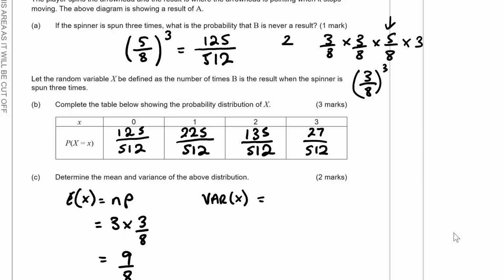So the variance we know is np(1 minus p). Well, np is just the 9 over 8 that we just had. And the probability of failure here was 5/8. And so that one gives me 45 over 64.